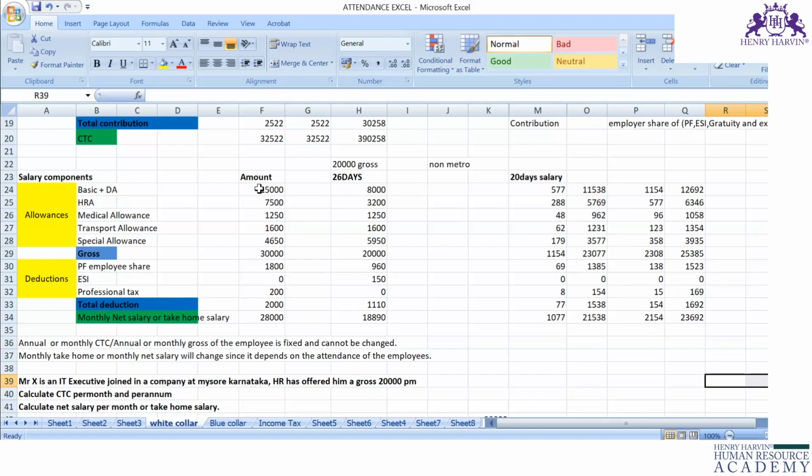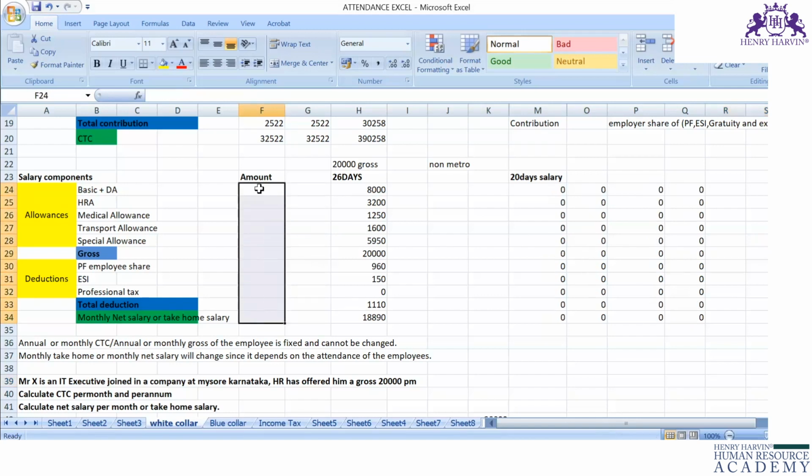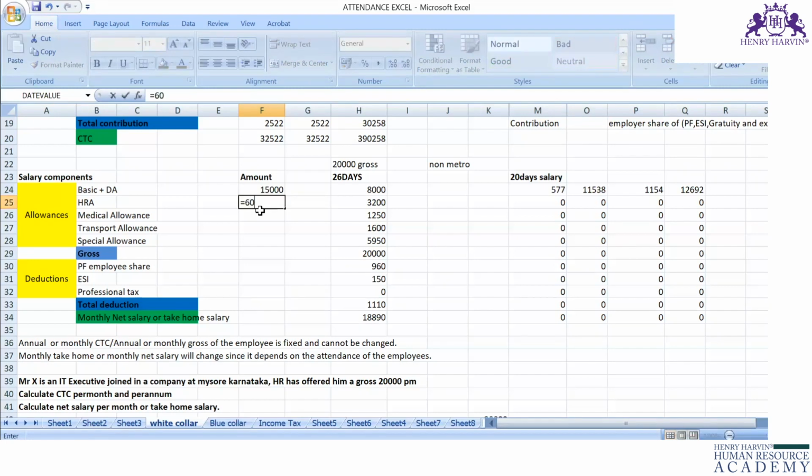So the same thing. Gross, that is, 50% of 30,000 is 15,000. HRA is 50% of basic plus DA. Medical allowance 1,250.